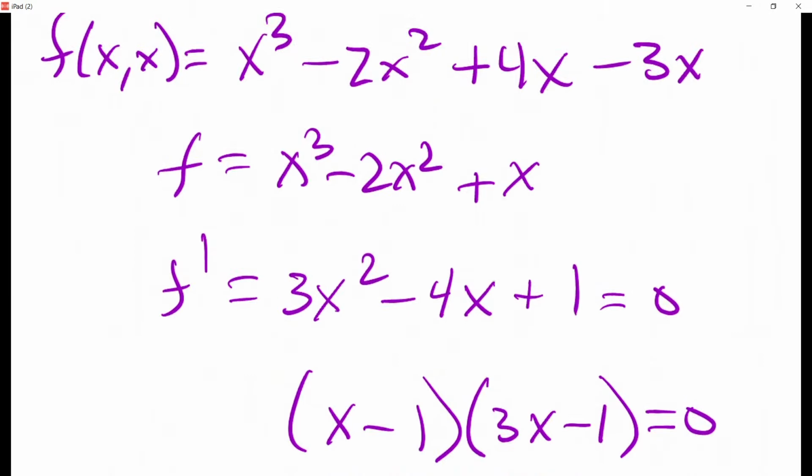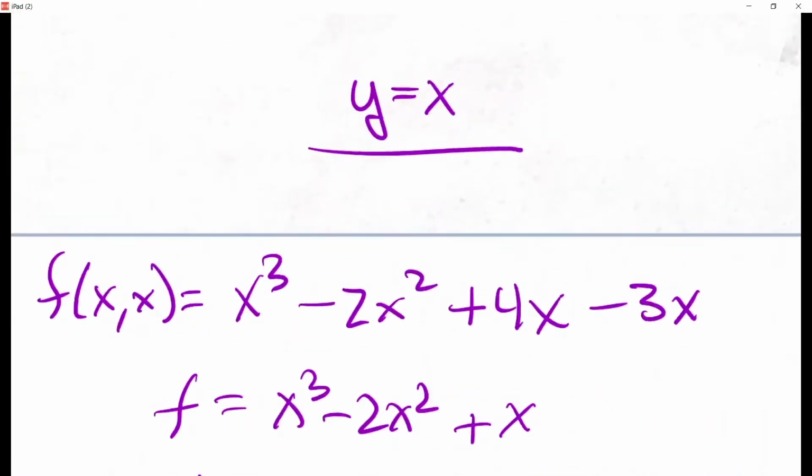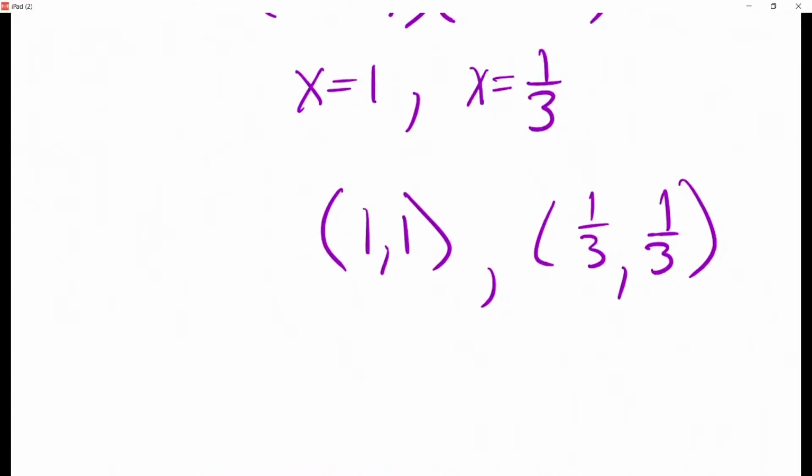I did it correctly. Whew. Got worried that I factored incorrectly. You can FOIL that, and you find that that's correct. x equals 1 and x equals 1/3. And because this is all under y equals x, the y value will be the same as the x value. Those are my critical points on that boundary.